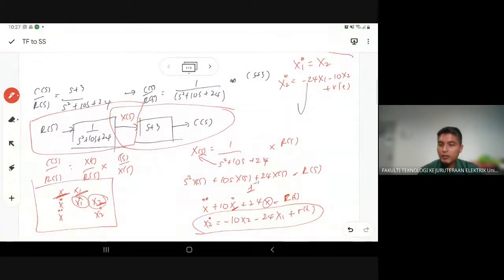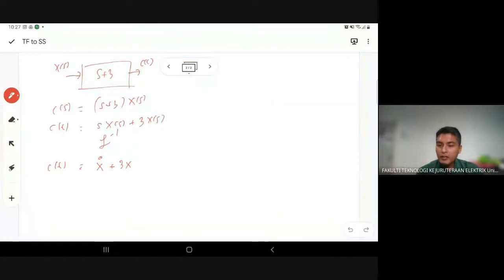So I write it again. x equal to x1. x dot equal to x1 dot equal to x2. In this case, we do not use x dot equal to x1 dot because if you still remember, your state space equation y equal to Cx plus Du, so there is no x dot in this. That's why we use x2.